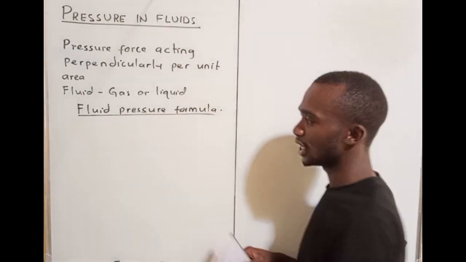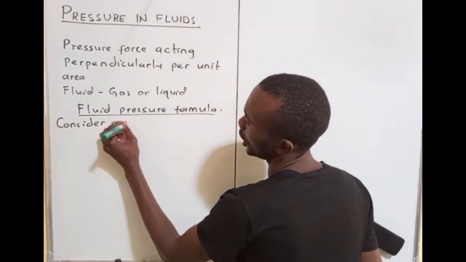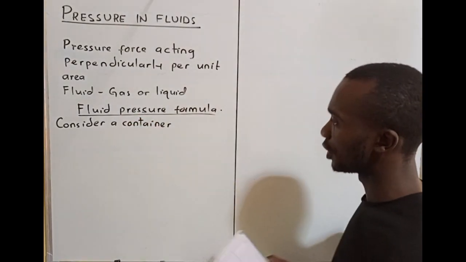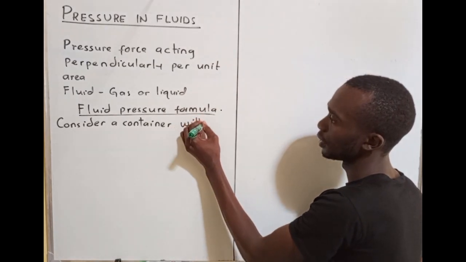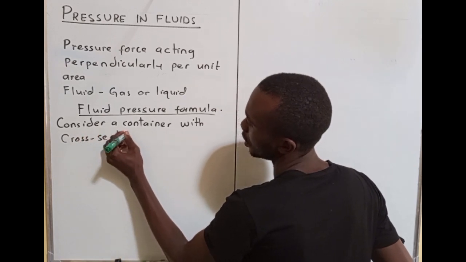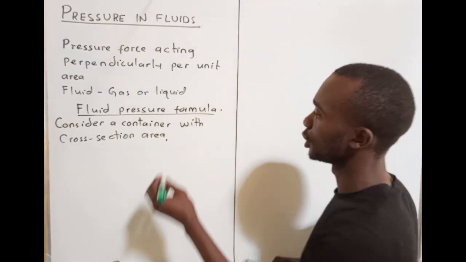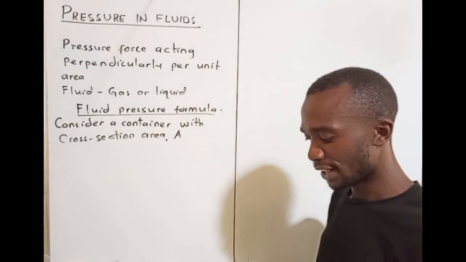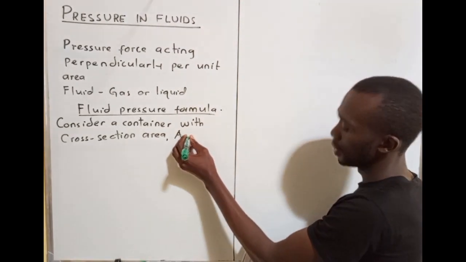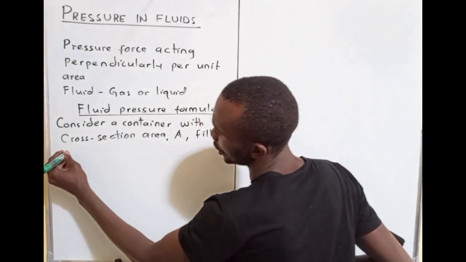So we write, consider a container with cross-sectional area capital A, filled with a liquid.